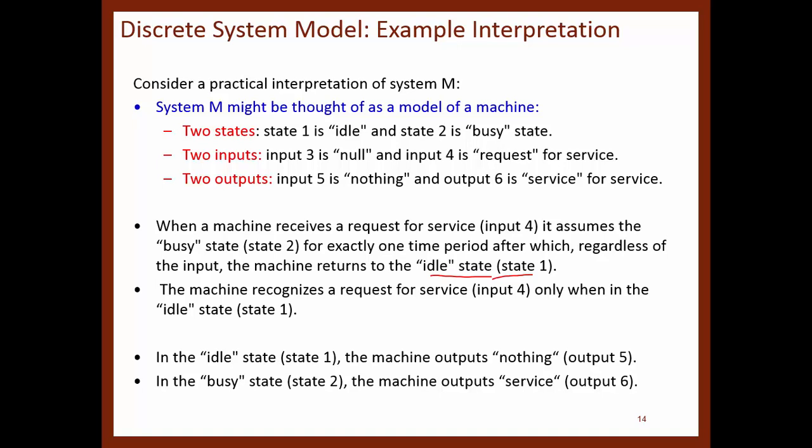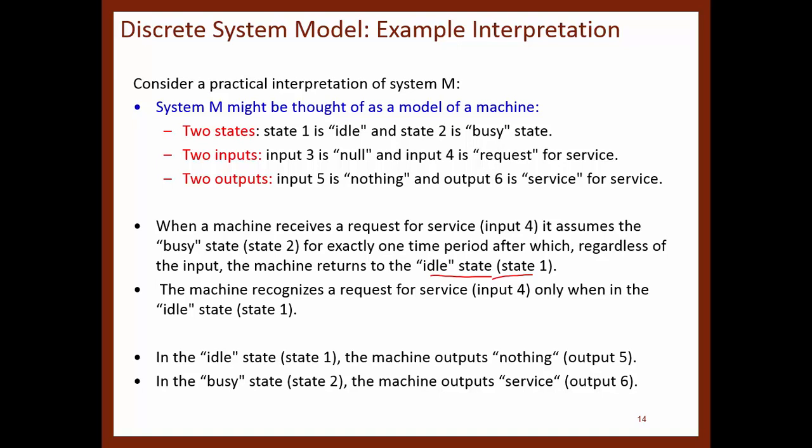When a machine receives a request for service, or input 4, it assumes the busy state, state 2, for exactly one time period, after which, regardless of the input, the machine will return to the idle state, state 1. The machine recognizes a request for service only when in the idle state.